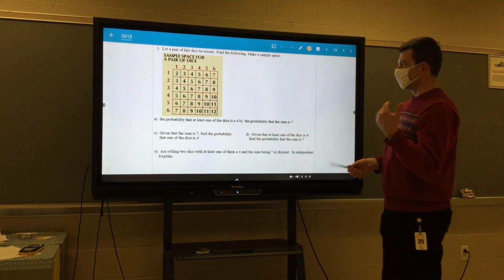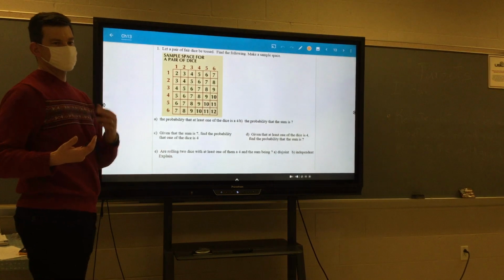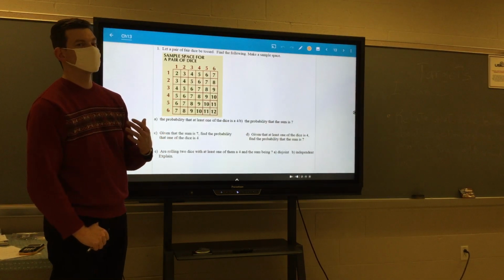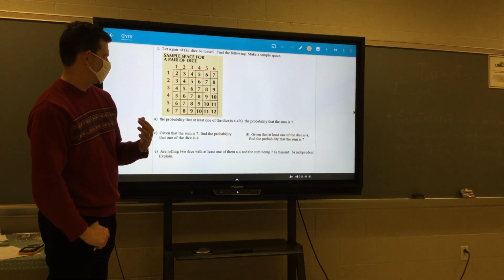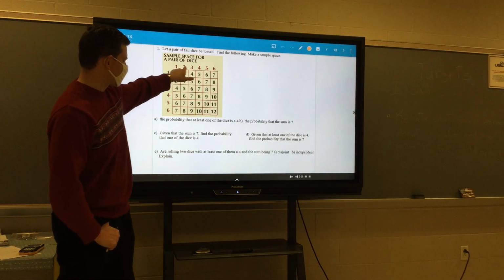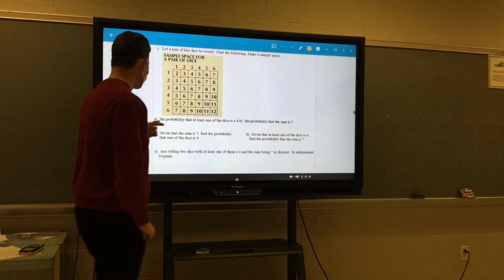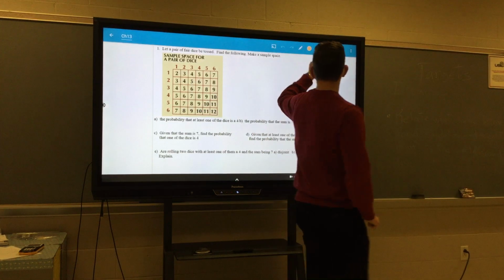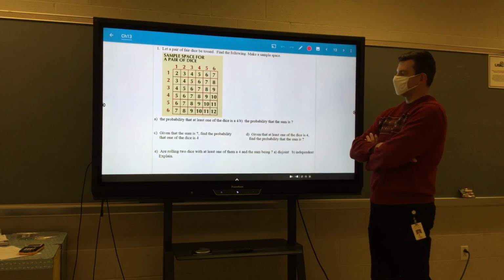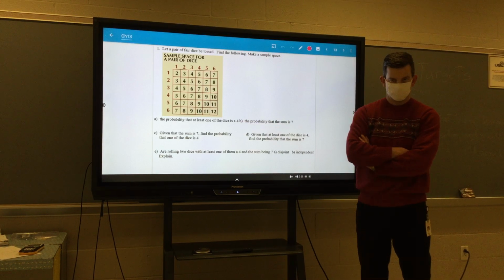With this, remember we're rolling a pair of fair dice, meaning 6 outcomes on each die. 1, 2, 3, 4, 5, 6. Every outcome is equally likely. First die is along the left side, second die is going across the top. Our first outcome says the probability that at least one of the dice is a 4.